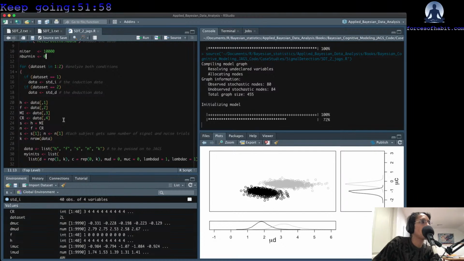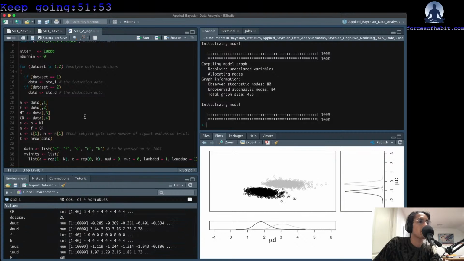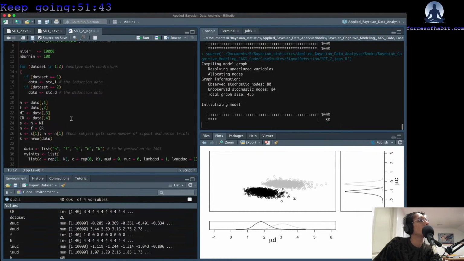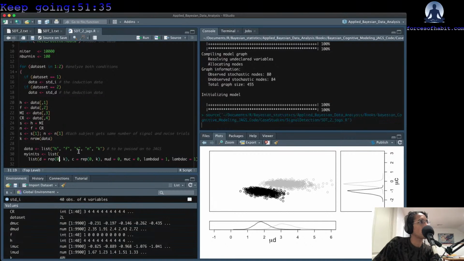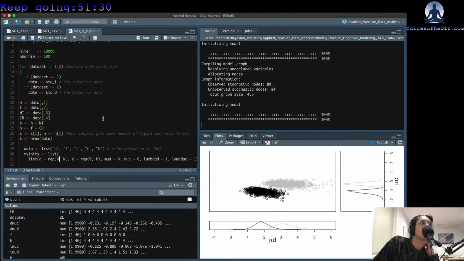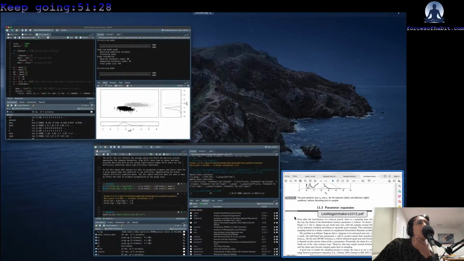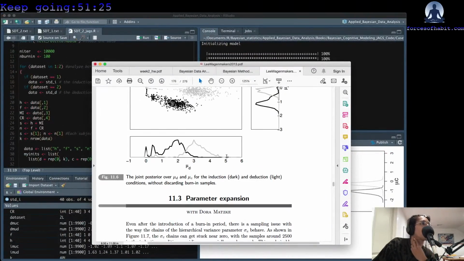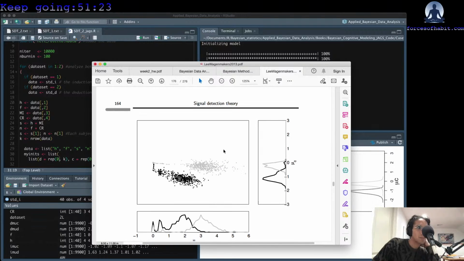I change the initial value and I change the burn-ins. Still, even only a little bit. Yeah. I don't get that. I don't get this extreme sort of issue in the sampling.